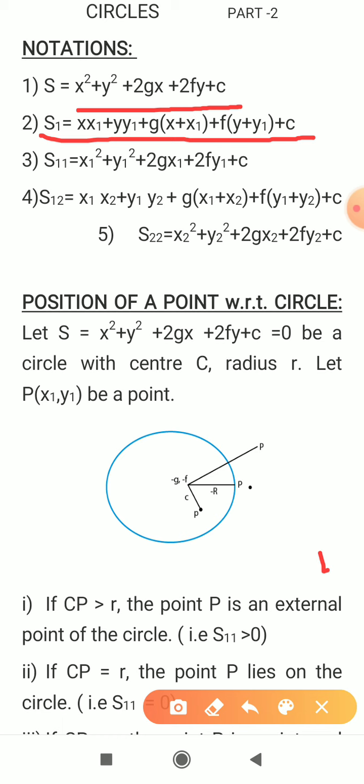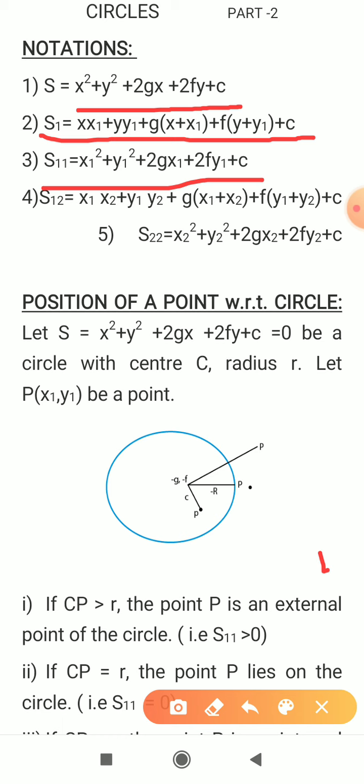The third notation: we substitute x1, y1 in the places of x, y respectively in the given circle. We have x1 square plus y1 square plus 2gx1 plus 2fy1 plus c. This is denoted by S11. In S1 we put x1, y1 for the remaining x, y.